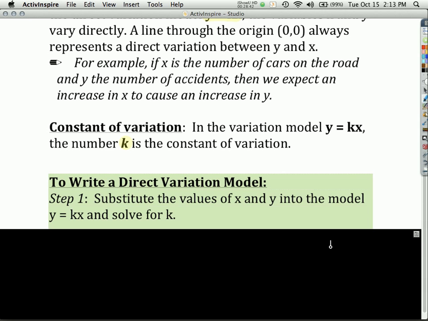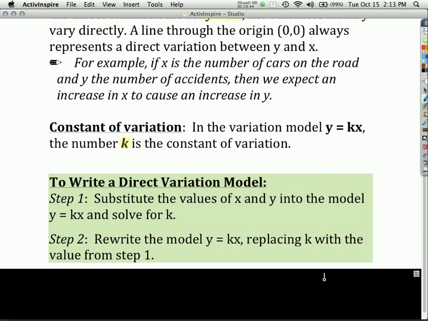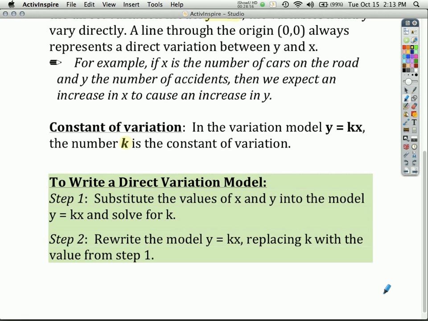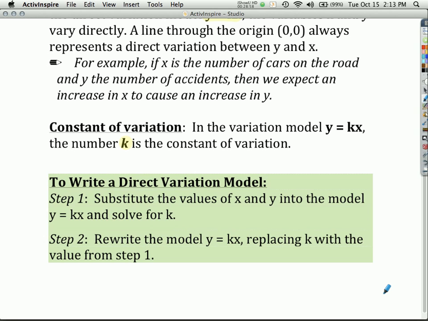Once you have k, then you plug k back into the model and you have an equation. So writing a direct variation model is only 2 steps.